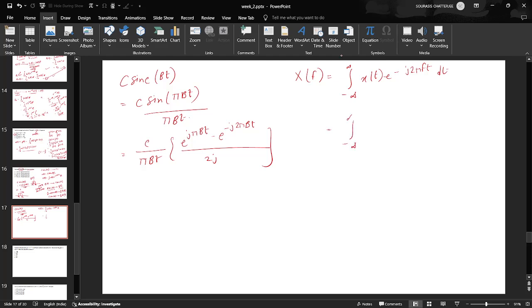Now we have the integral from minus infinity to infinity of c over 2j pi bt times e to the power minus j 2 pi (f minus b by 2) t minus e to the power minus j 2 pi (f plus b by 2) t dt.